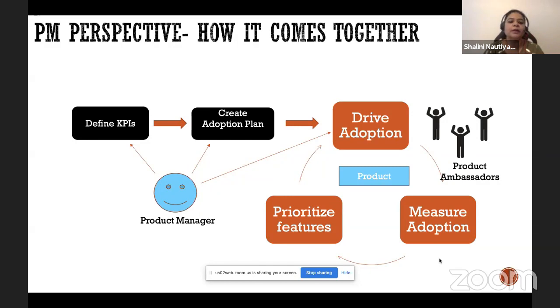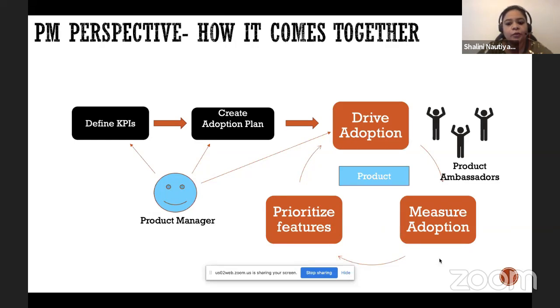Just to sum it up, this is how I think about it. This is how it all comes together. As a product manager, you define the KPIs, and this is primarily from the perspective of driving and measuring. You define an adoption plan, and like I said, a lot of things go into building the product itself.